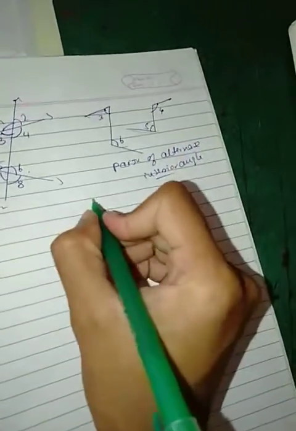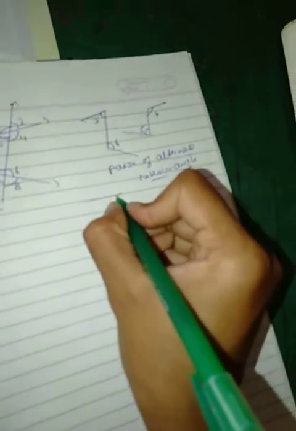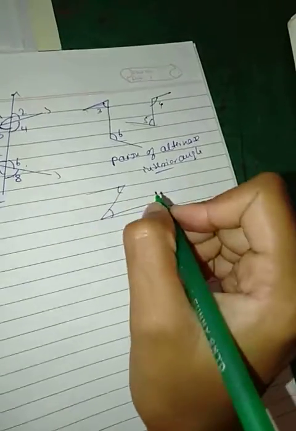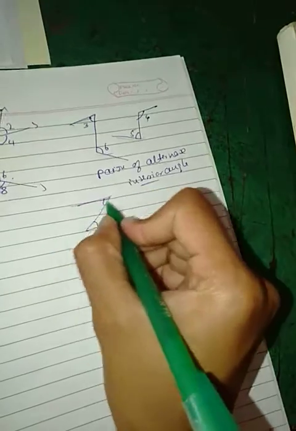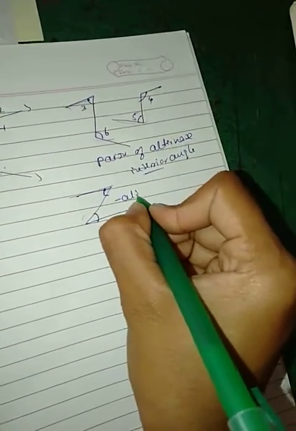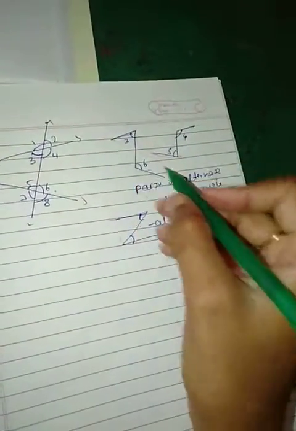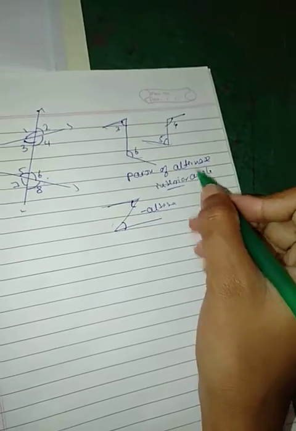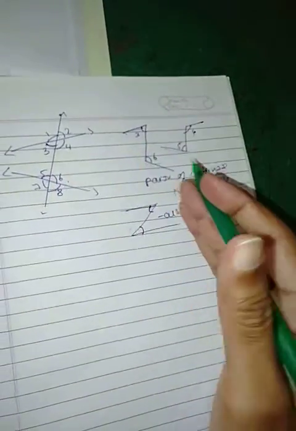If you see any figure in the Z shape, then we say this angle and this angle are alternate angles. But here we can say alternate interior angles, because they lie inside.